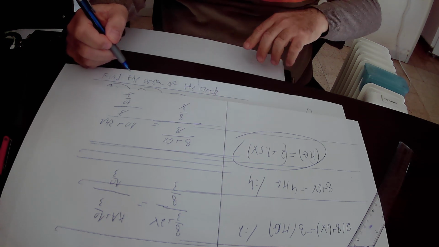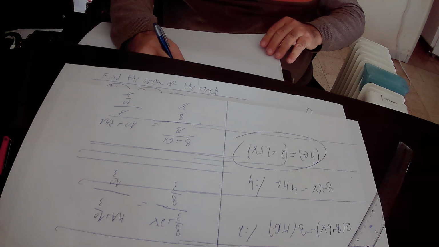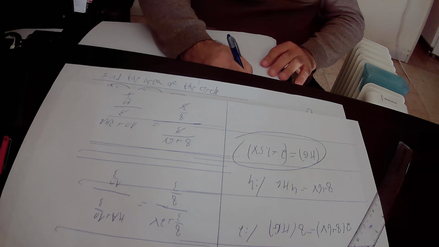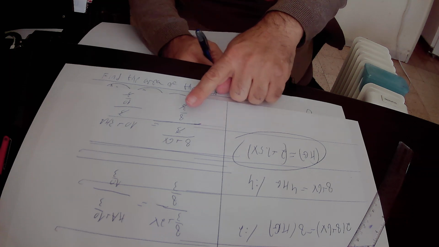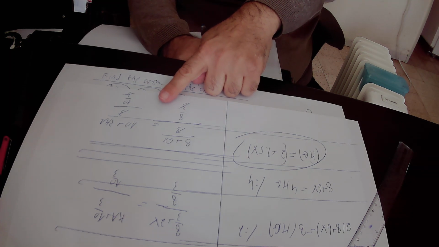So after we cancel 3, on this side of the equation we will have 8 plus 6x over 8. It is equal to 10 plus 3KA over 10.